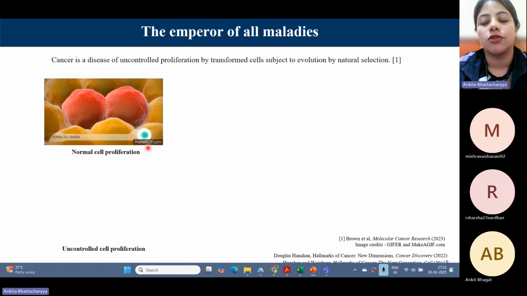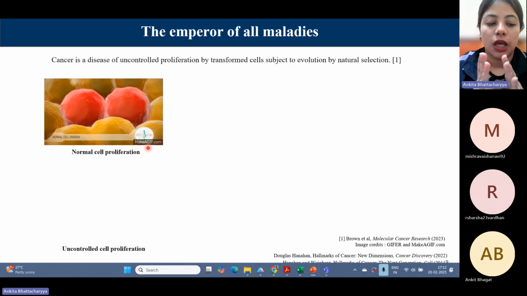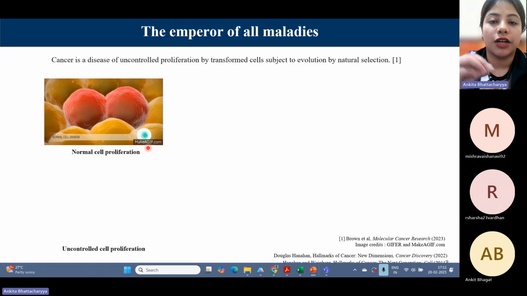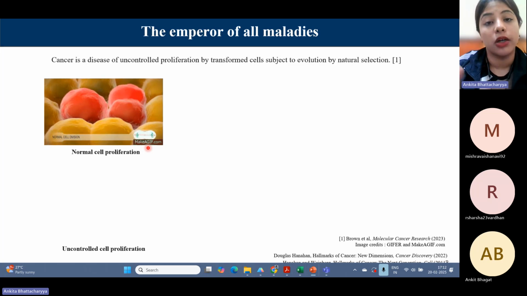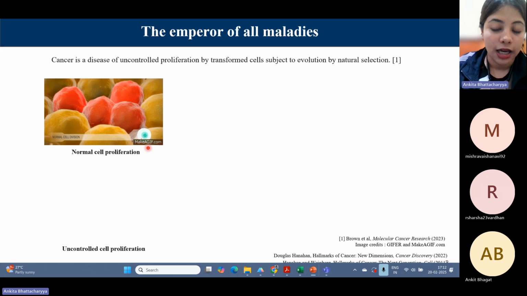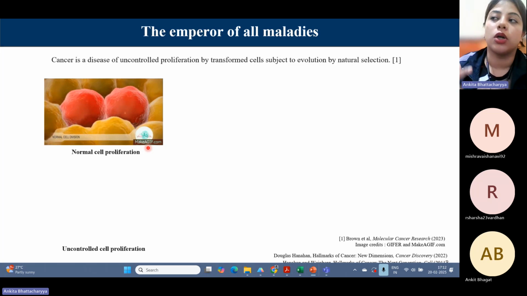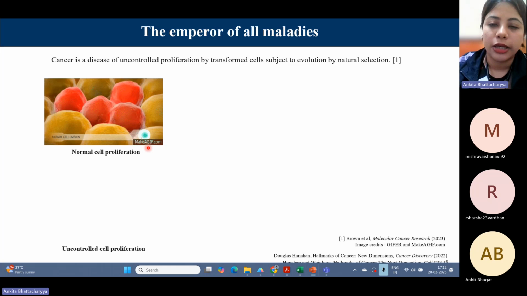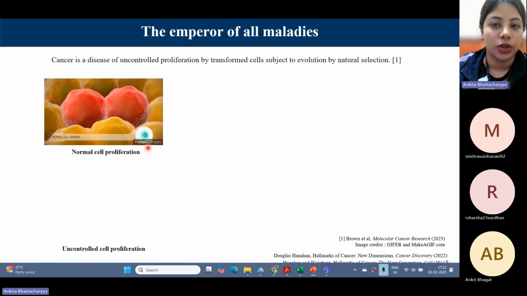What are these checkpoints? Think of them as traffic signals. There are several traffic signals which have been put in place to ensure that a cell that is undergoing division is healthy, has the correct DNA, and does not pass on any unnecessary or junk or incorrect DNA to the daughter cell.